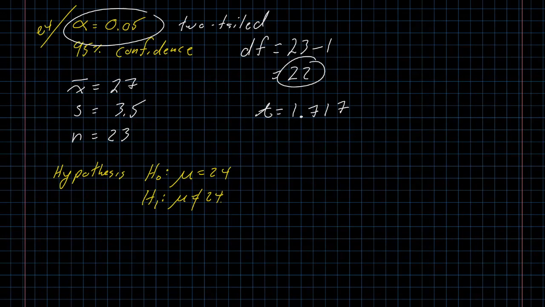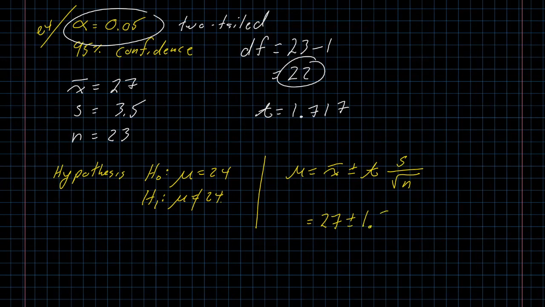We construct our margin of error, which is that mu is equal to x bar plus or minus t times s over the square root of n. We plug in all of our values. X bar is 27. T is 1.717. S is 3.5. N is 23.